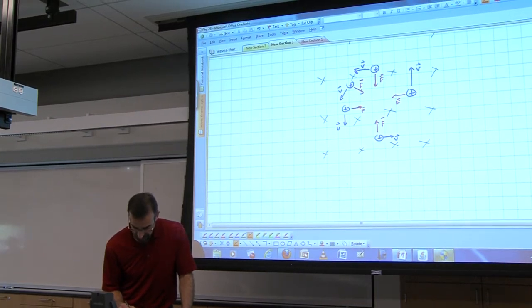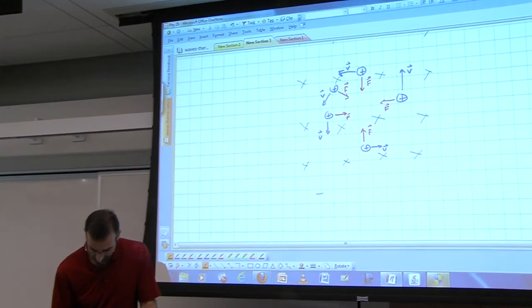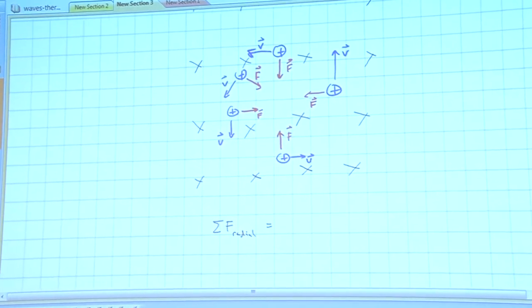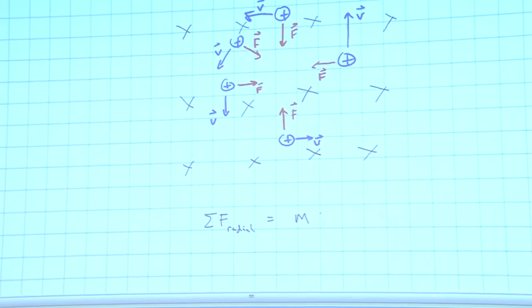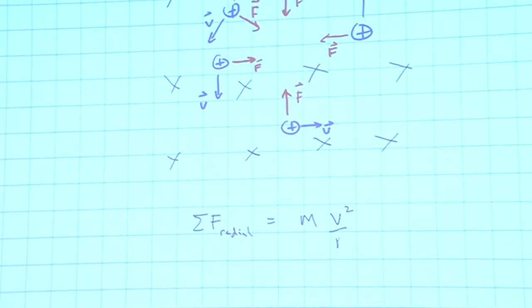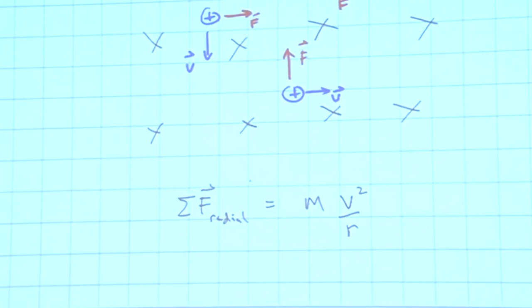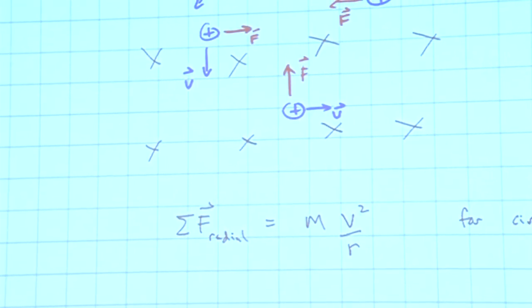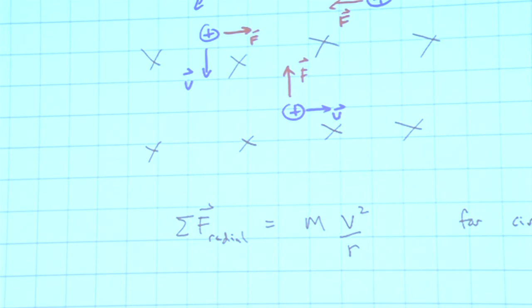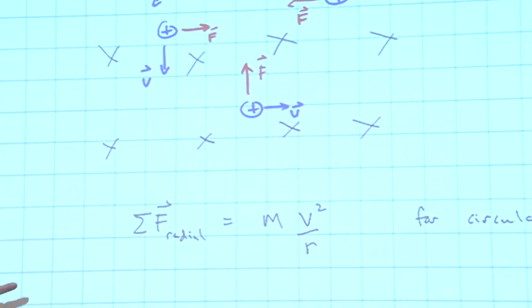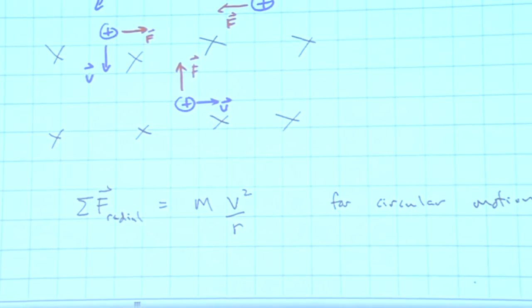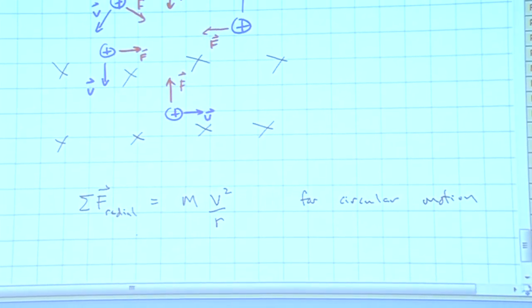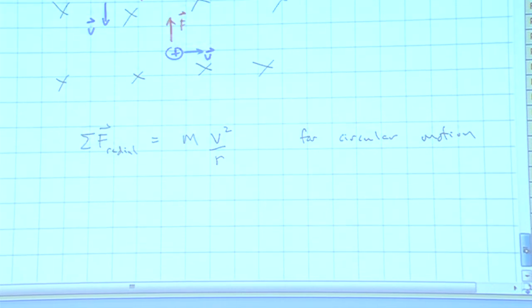We know that the sum of the forces in the radial direction has to equal m a_centripetal. Right, if there's circular motion, we know the net force in the radial direction has a special value, mv squared over r. And what is the net force in the radial direction?